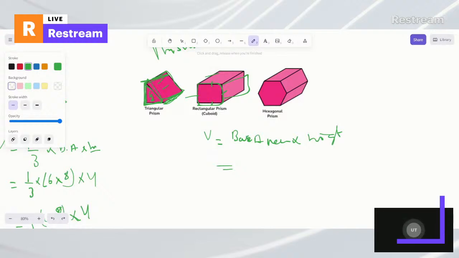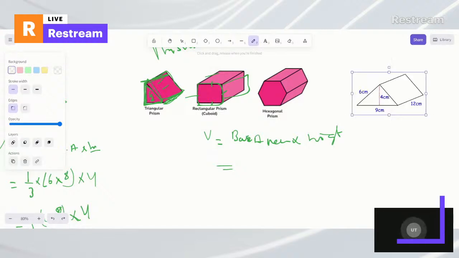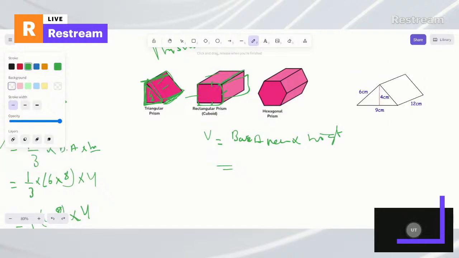We're going to find the base area of this shape, and then we're going to find the height of this prism, which is going to be the length of the shape. Similarly with the case of the hexagon as well. We're going to find a way to find the area of this hexagon base and then multiply it with the rectangular height. So I hope this is clear.